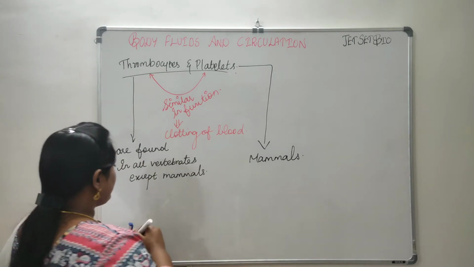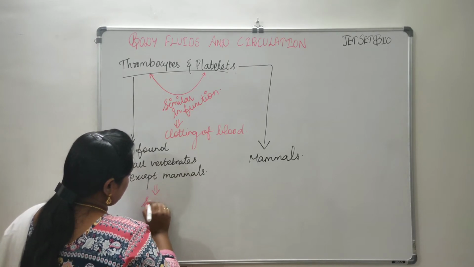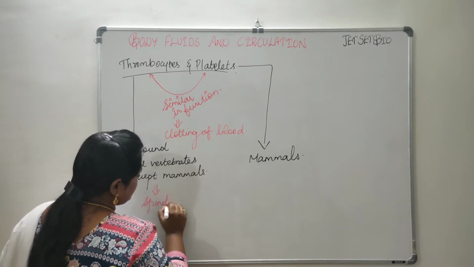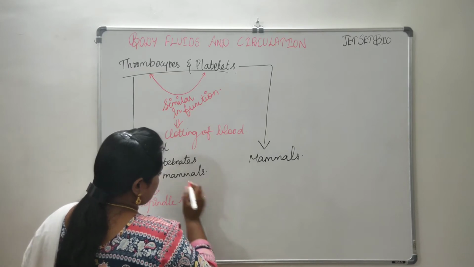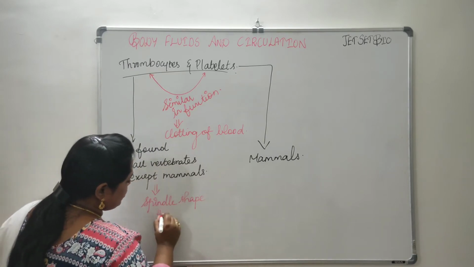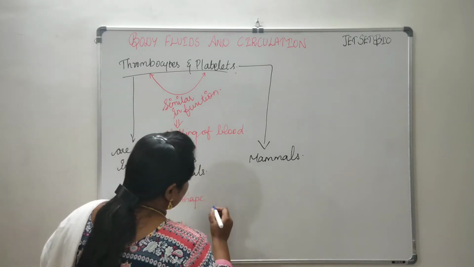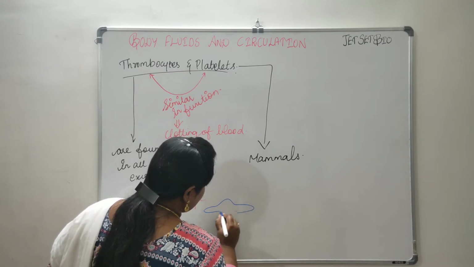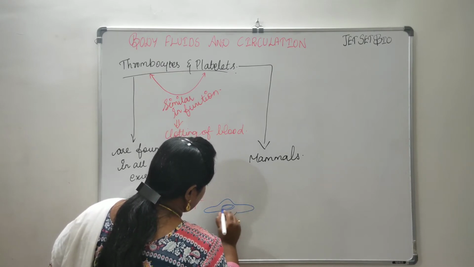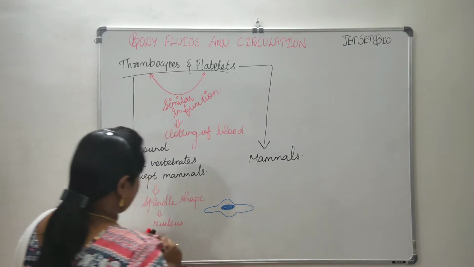When we talk about shape, thrombocytes are spindle shaped and they have a denser nucleus present within them.